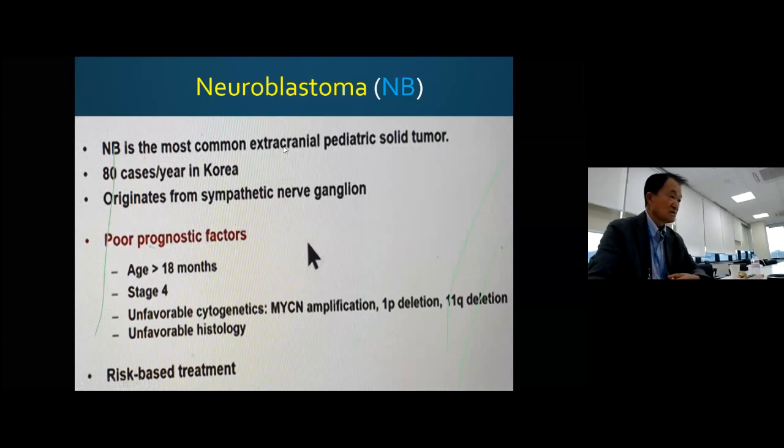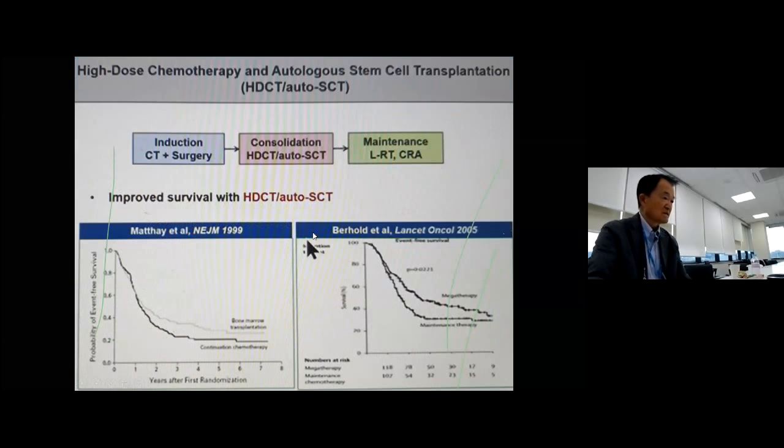And neuroblastoma is a pediatric tumor, and it involves the bone marrow, and then certainly multiple organ involvement. And stem cells have been used to make a little better survival.